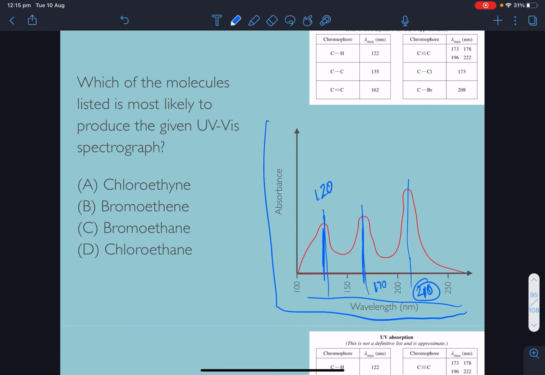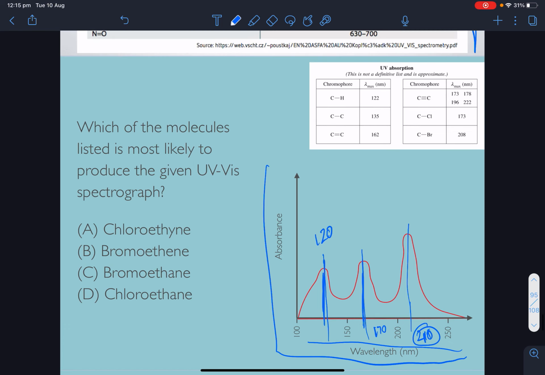Okay, so looking at our absorption data up here, the 120 is looking like a carbon-hydrogen bond. The 170 could be the triple bond, or it could be the carbon-chlorine bond. The 210, well, the only thing that's high is the carbon-bromine bond.